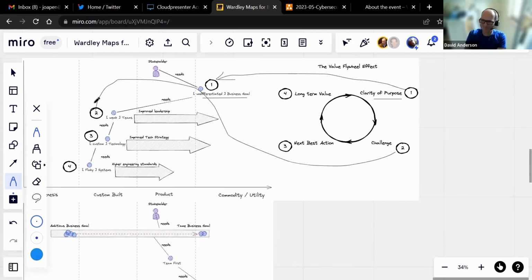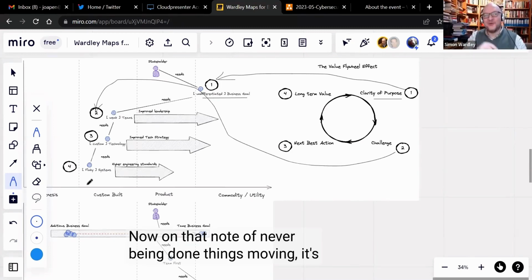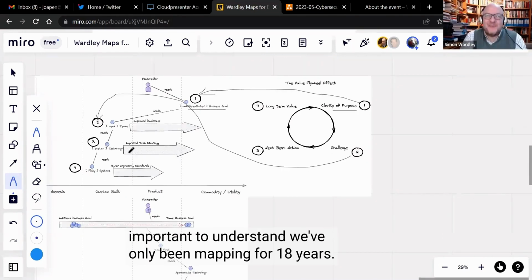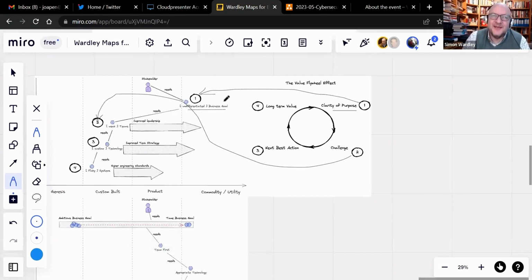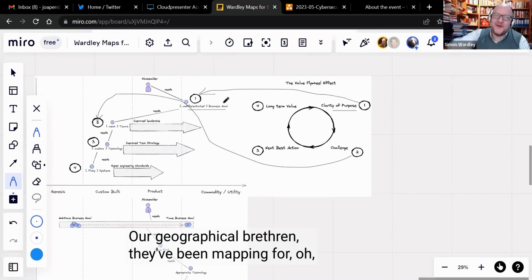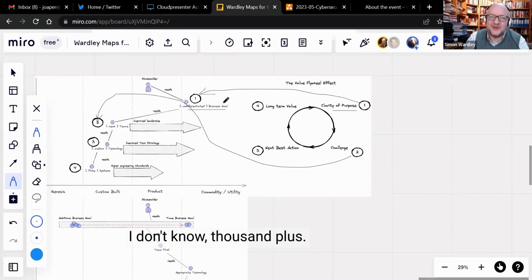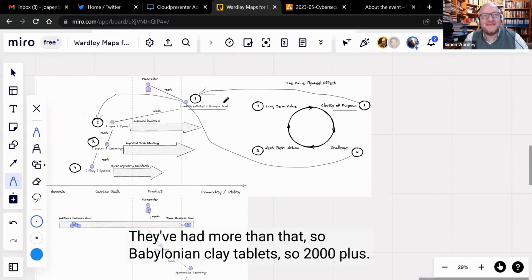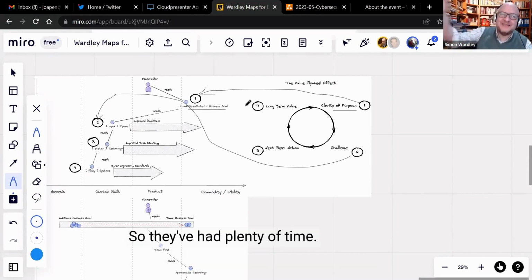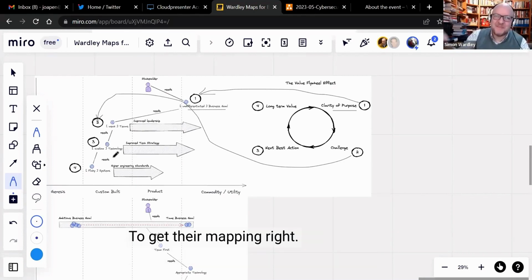You're never done. Now, on that note of never being done and things moving, it's important to understand we've only been mapping for 18 years. Our geographical brethren have been mapping for 1,000 plus years. They've had more than that. Babylonian clay tablets, so 2,000 plus. So they've had plenty of time to get their mapping right.